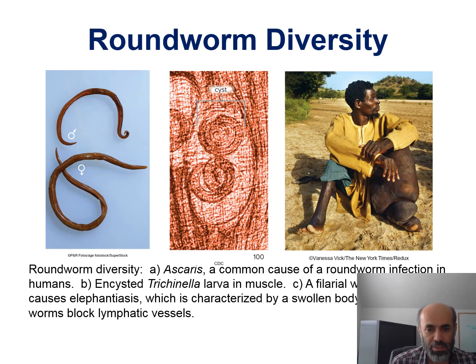Here are some examples. On the left side is Ascaris, which has male and female. Females are generally much bigger and males are much smaller compared to the females. In the middle is Trichinella, which is found in the muscles of the pig. Here it is shown enclosed inside a cyst, so it is a cysted organism.